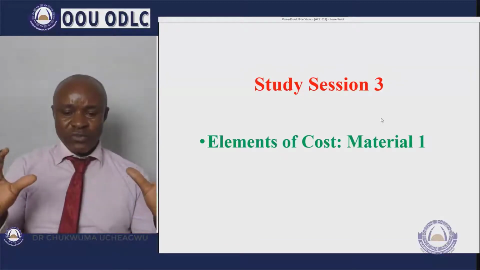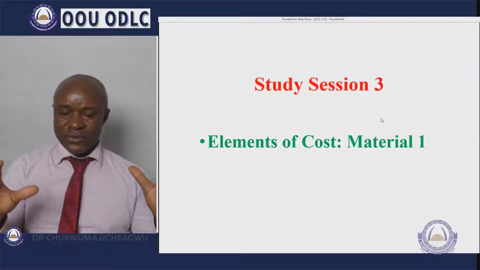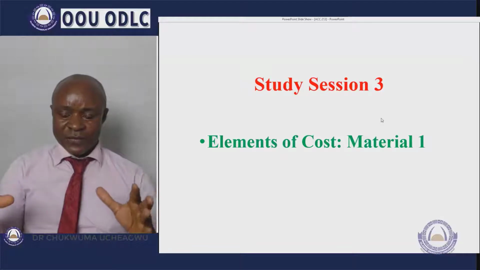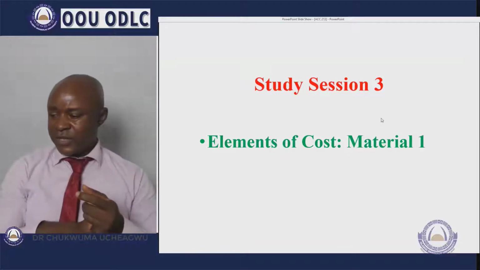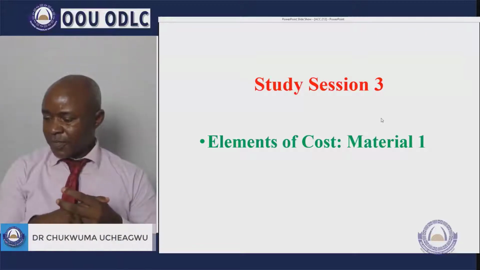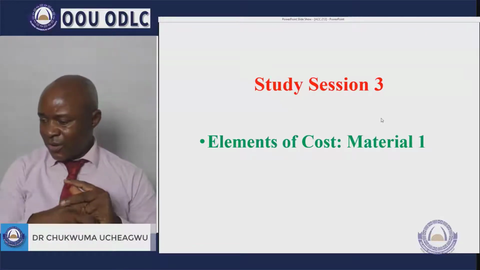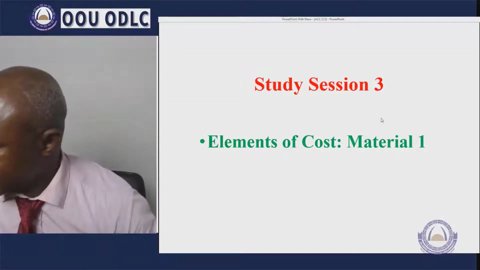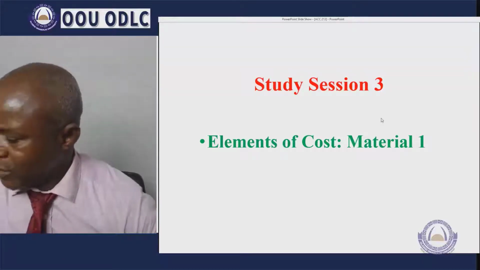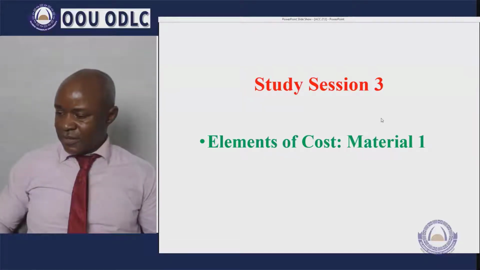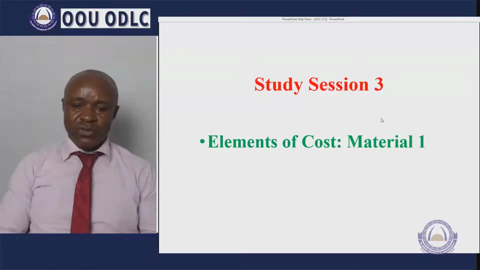And we saw that there are two basic methods to codify our classifications: we use the mnemonics method, or we use the decimal method. Either of them is acceptable. So that's what we did in session 2.